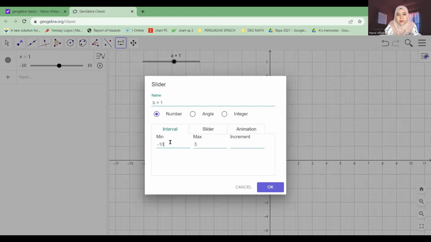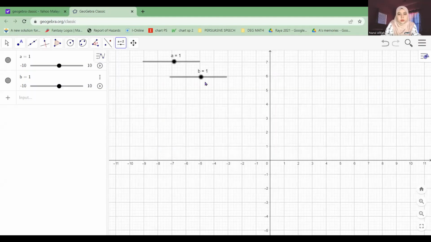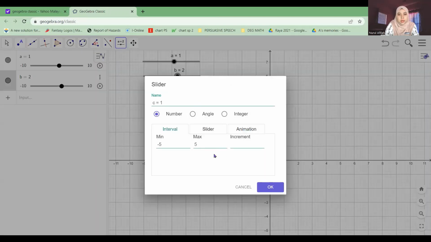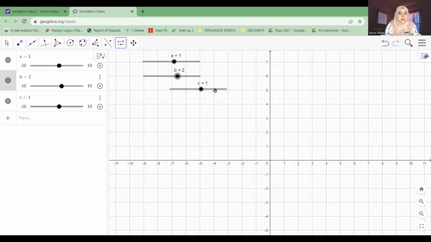Minimum also -10, maximum 10, increment 1. Next slider, c. Also same, negative 10 for minimum and maximum 10 and increment 1.